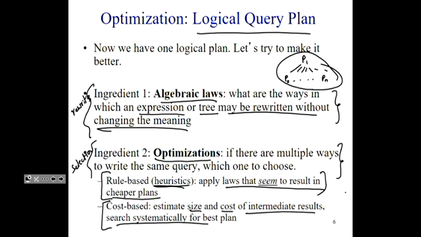Okay? So we will get into both of these in a little bit. So basically there are two styles of optimization. One is rule-based optimization, which is simply applying rules that I think will improve the cost of the query plan. And second is, from among a space of query plans, systematically enumerate them and then try to estimate their cost.